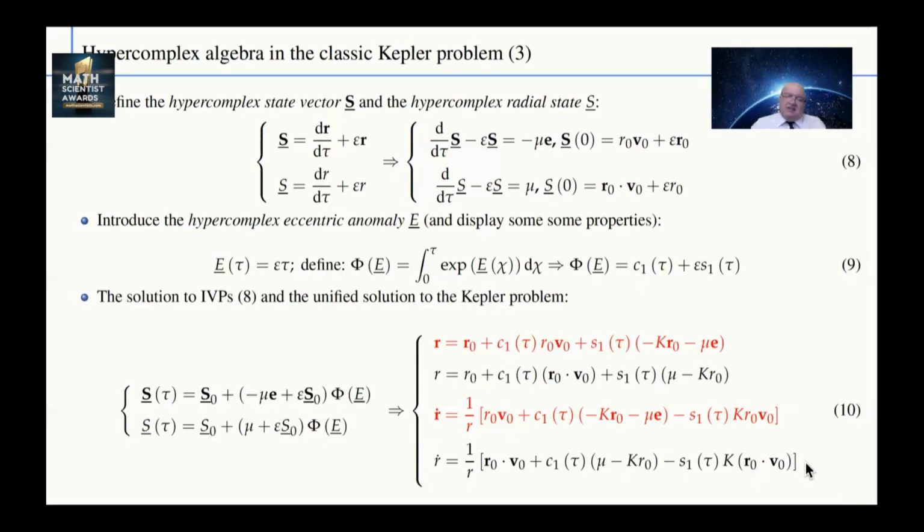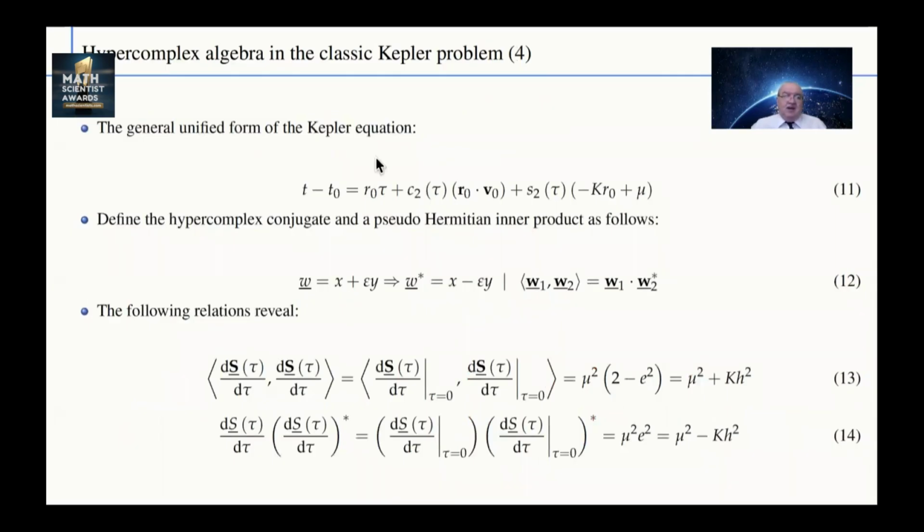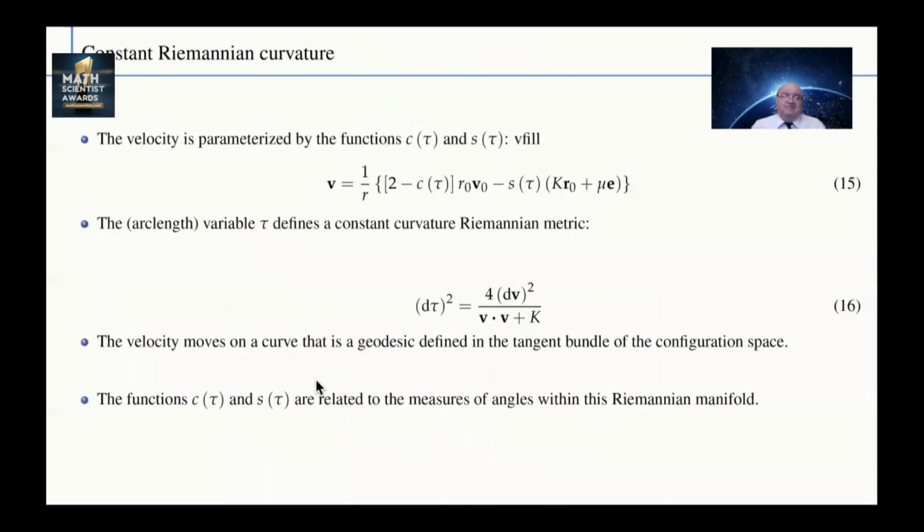A very interesting observation: this formula works for any case, elliptical, parabolic, hyperbolic, or rectilinear. This is the general Z Kepler equation, and I obtain two very interesting constants of motion, and a hypercomplex one.